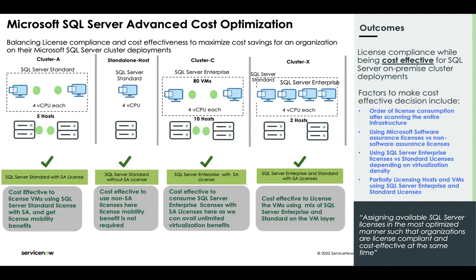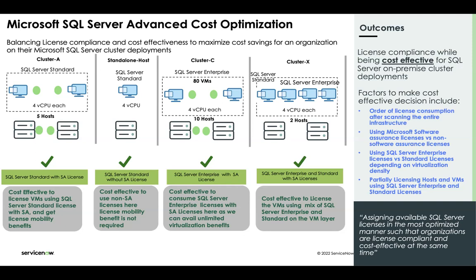The factors include order of license consumption after scanning the entire infrastructure. What this means is that ServiceNow is going to scan your entire infrastructure and determine on which clusters or host should the most cost-effective license be applied.